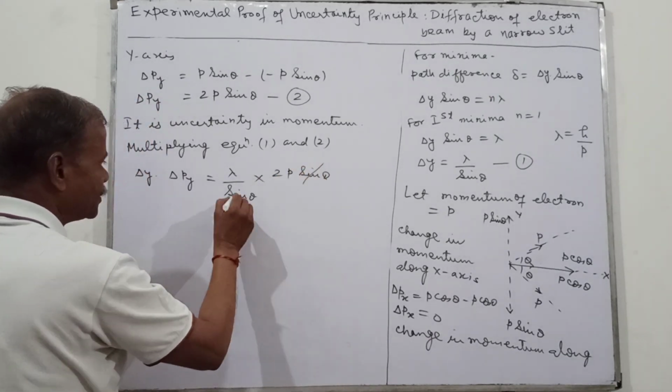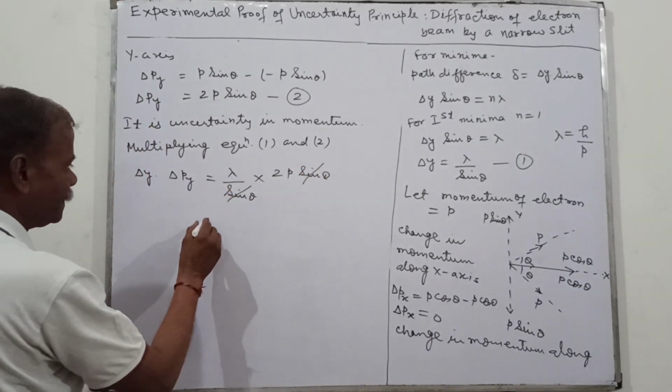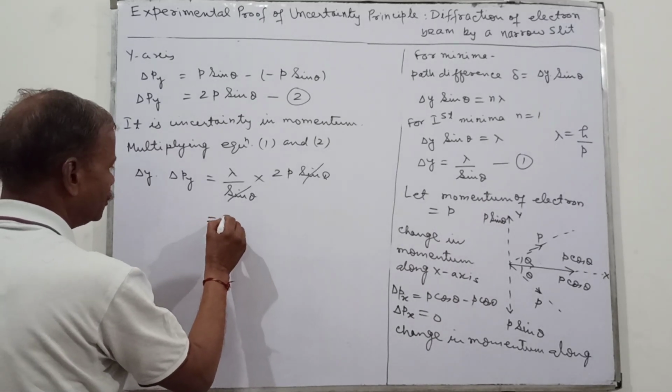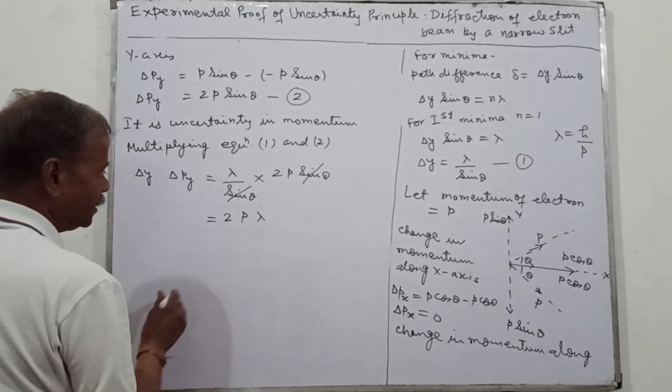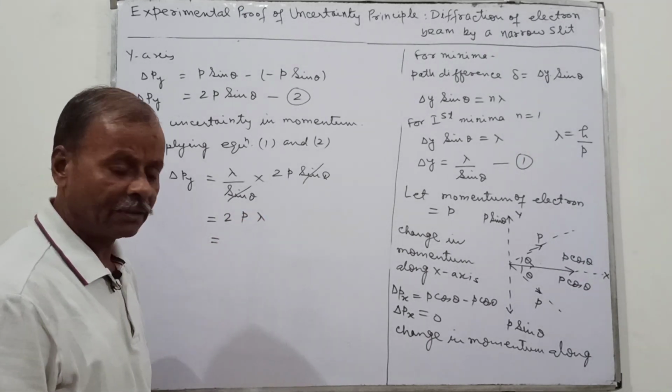So now this sin theta and sin theta will cancel. So this is now your 2p lambda.